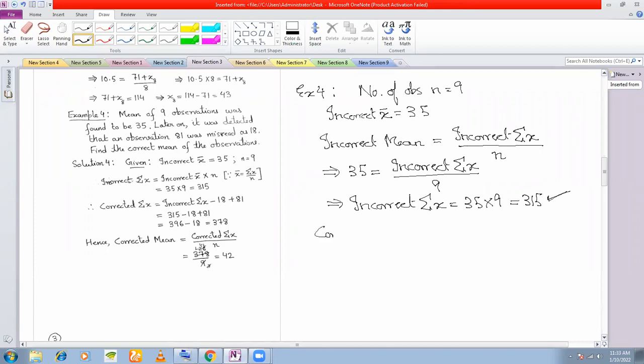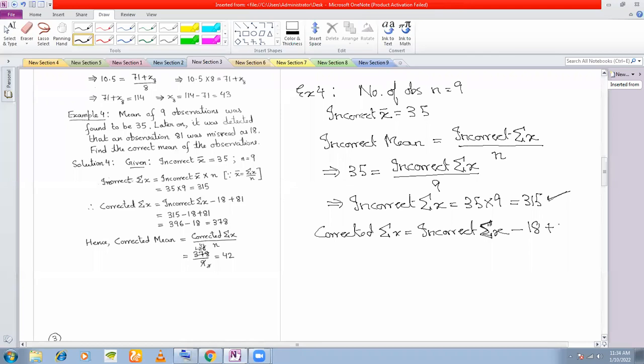So what is the corrected summation x? Corrected summation x value is whatever incorrect summation value you have taken. And because you have realized your mistake, that instead of 81, you read it as 18, what you do is from the incorrect value, you subtract the wrong value that you have taken. What is the wrong value you have taken? 18, right?